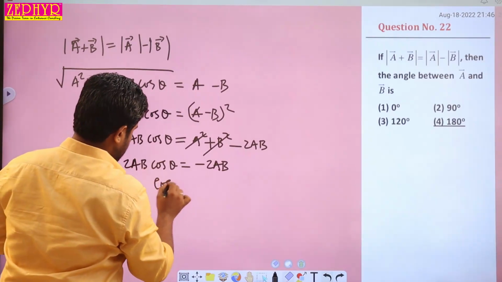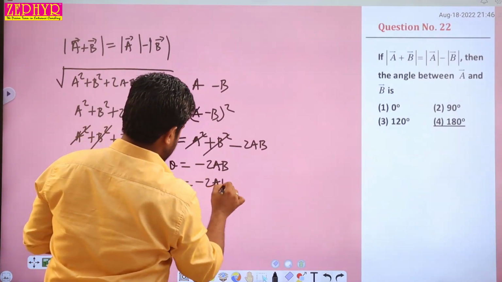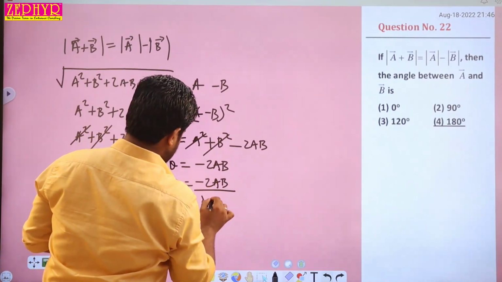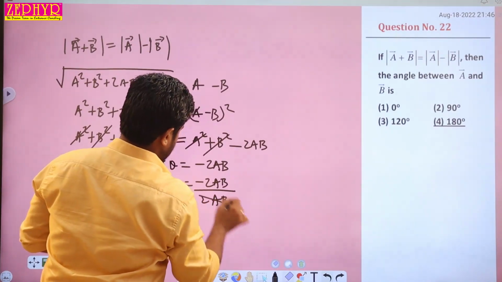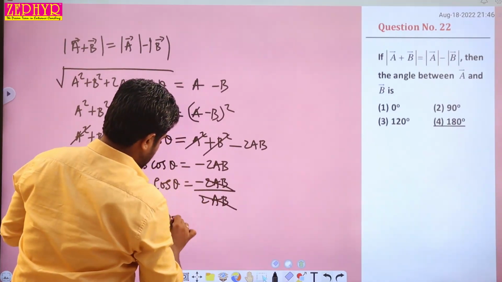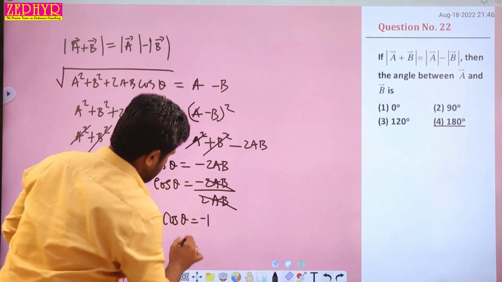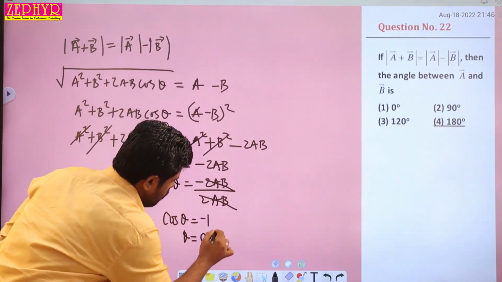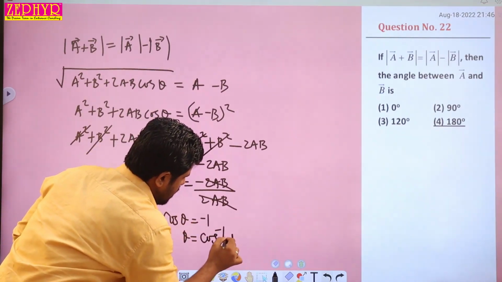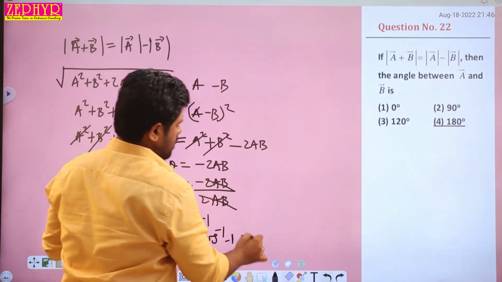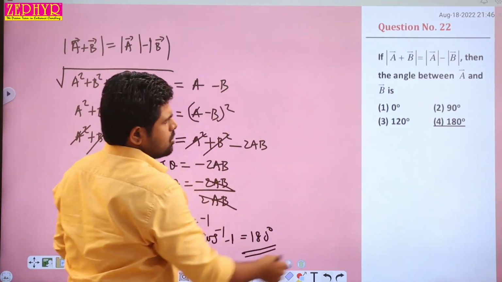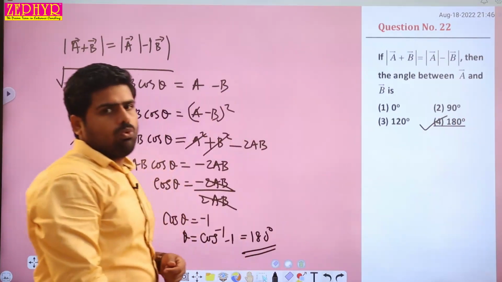So cos theta is equal to minus 2AB divided by 2AB. So the result is minus 1. So cos theta is equal to minus 1. So theta is equal to cos inverse of minus 1. So that is equal to 180 degree. Okay. So here the correct option, option 4, 180 degree.